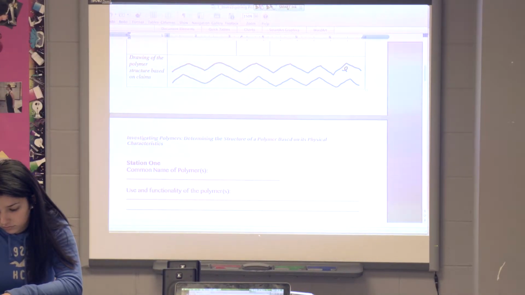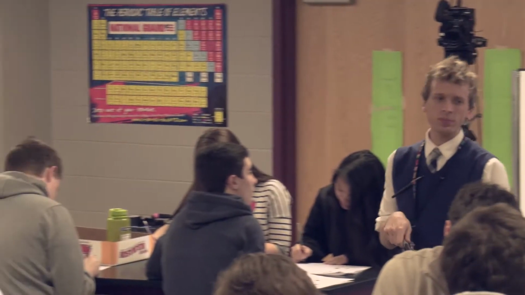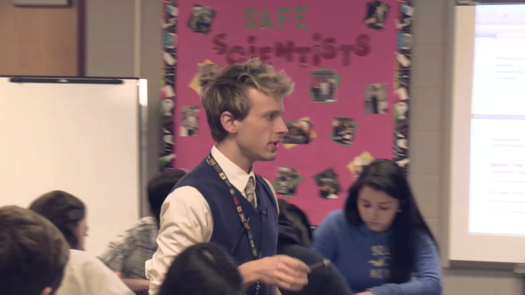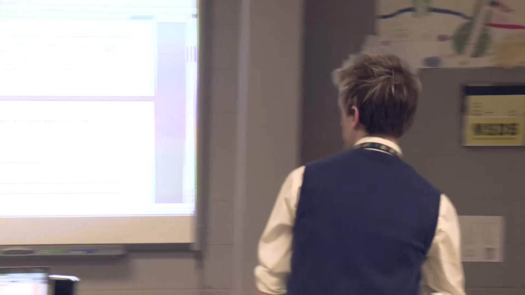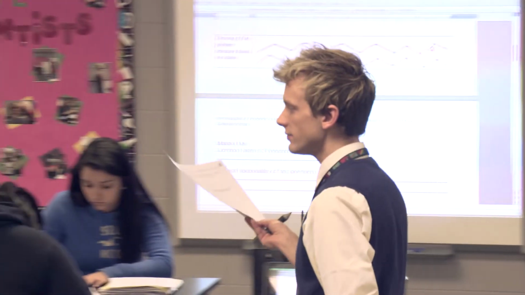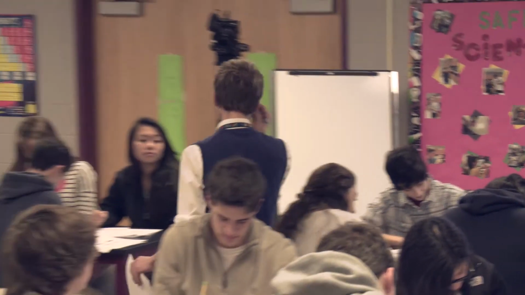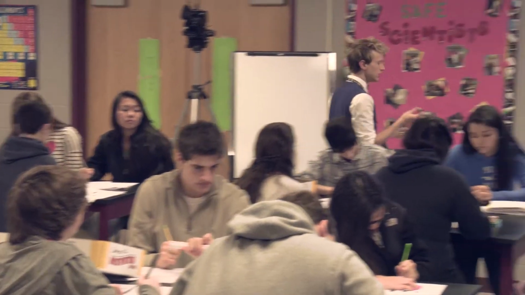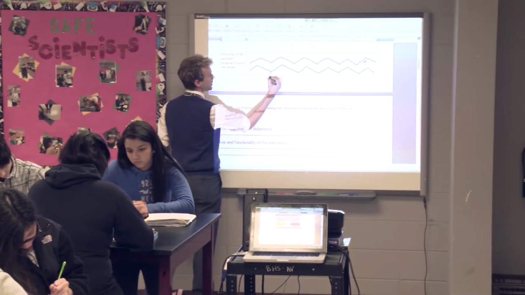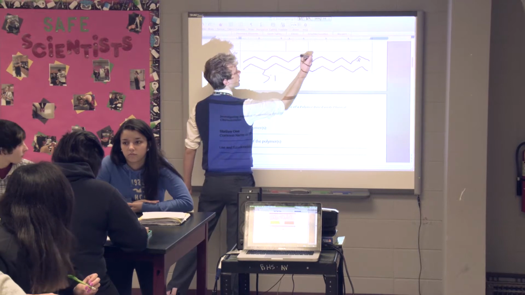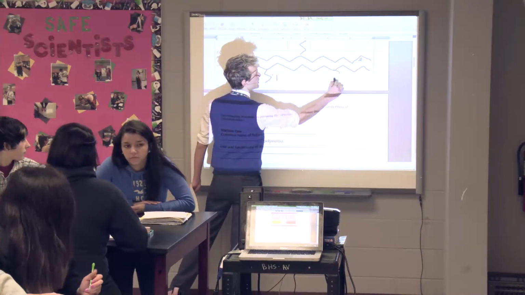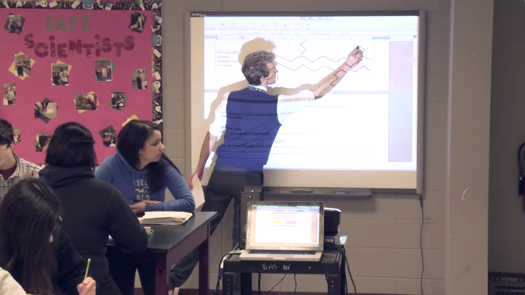Did we have a lot of branches, a medium number, or few? Medium number of branches. So coming off of our polymer, I'm going to add branches every couple of carbons.